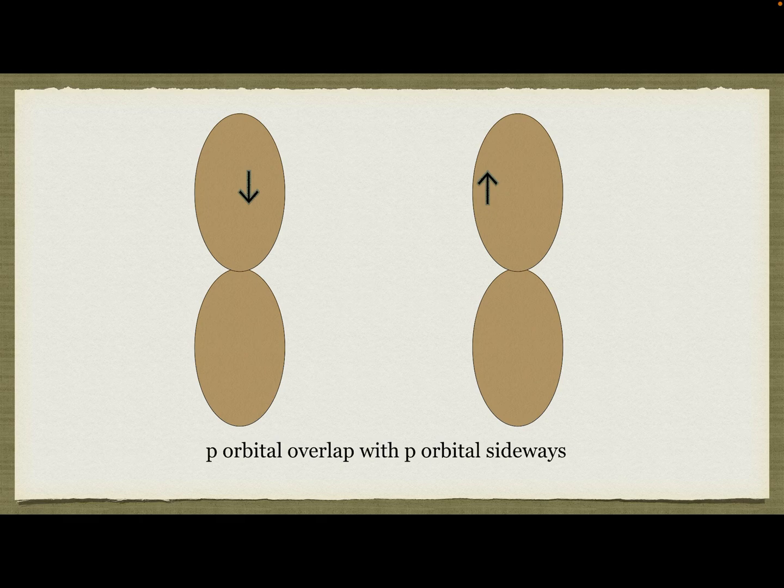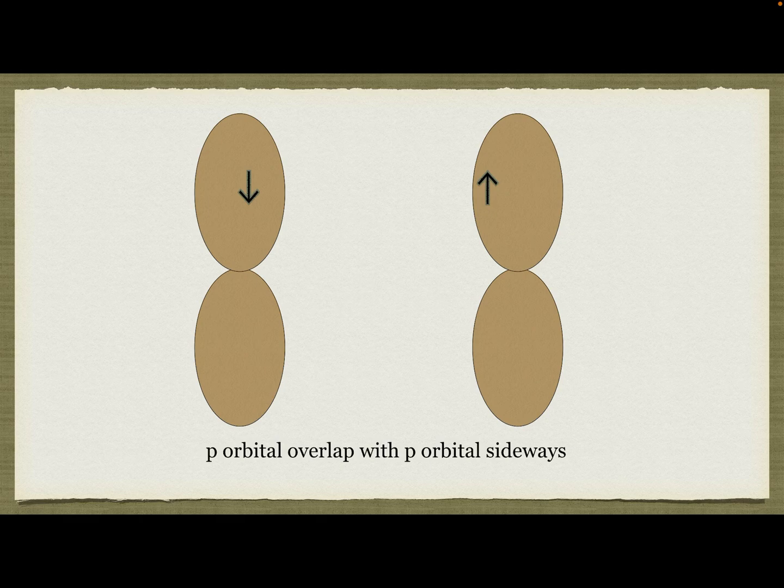So bila sisi ke sisi, dia kena berada pada kedudukan menegak lah, ataupun pada kedudukan selari with each other. Dia tak boleh macam tadi. Kalau macam tadi, dia akan overlap hujung ke hujung. So dia kena selari with each other so that it can overlap sideways.